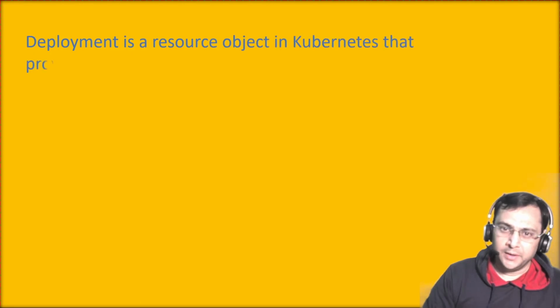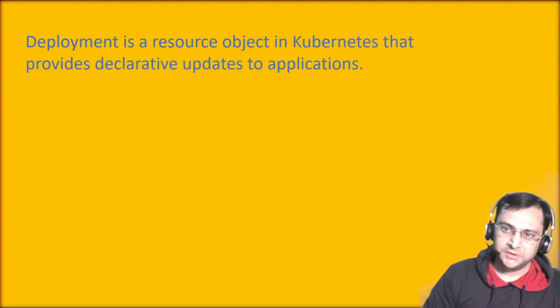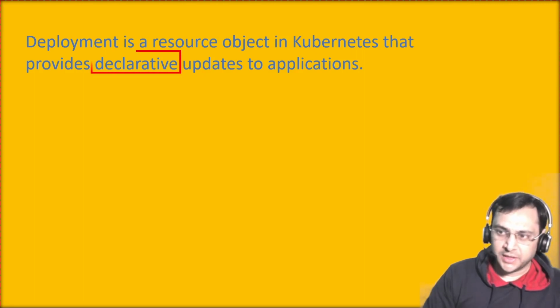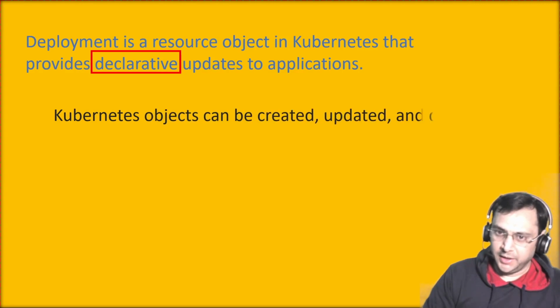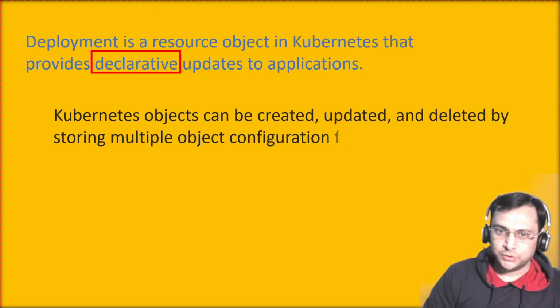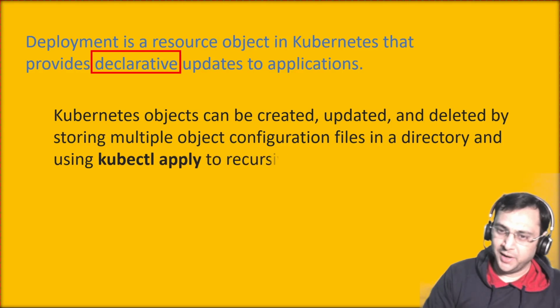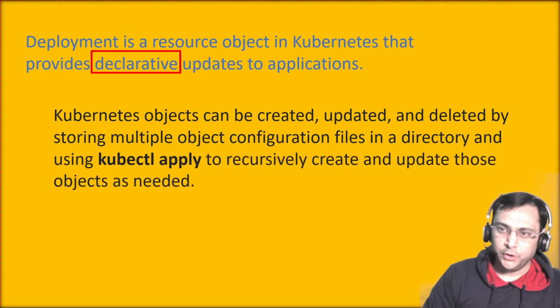A deployment is a resource object in Kubernetes that provides declarative updates to applications. Now what is declarative? A Kubernetes object can be created, updated, and deleted by storing multiple object configuration files in a directory and using kubectl apply to recursively create and update those objects as needed. In simple words, declarative means when we create a YAML file for any object, we actually declare the values.